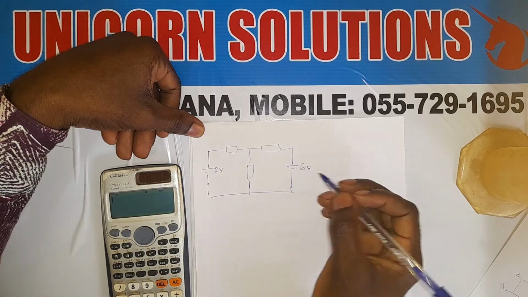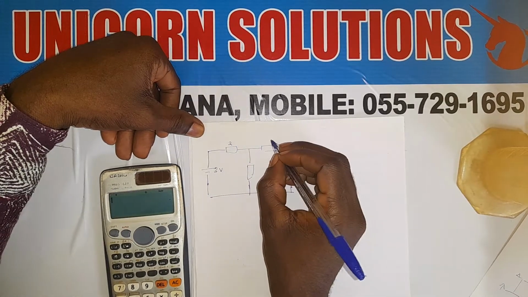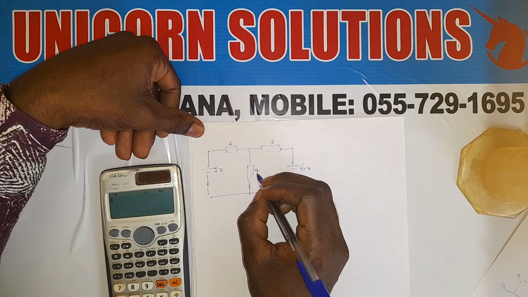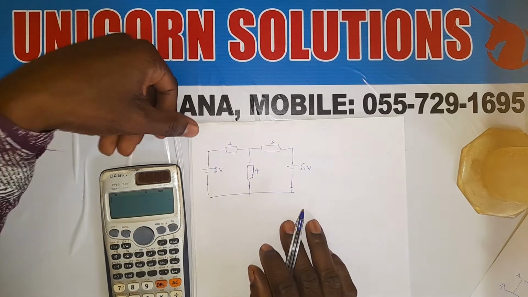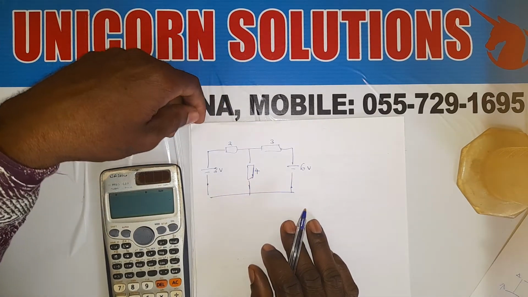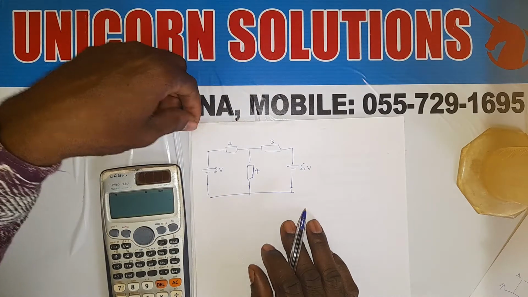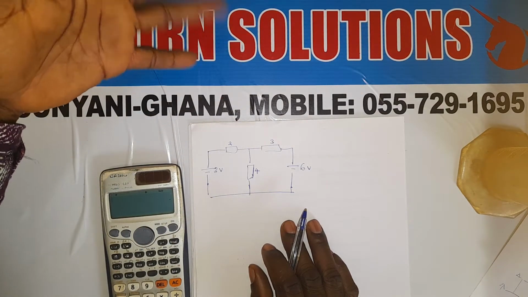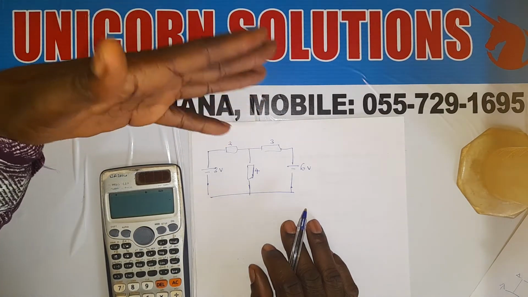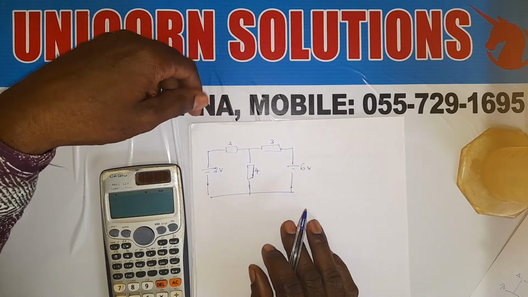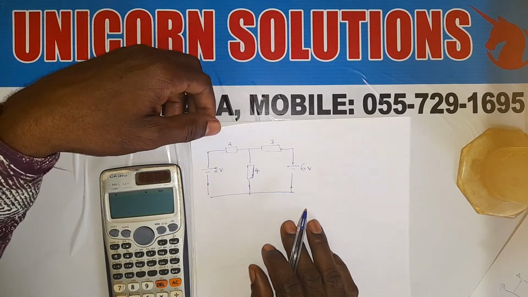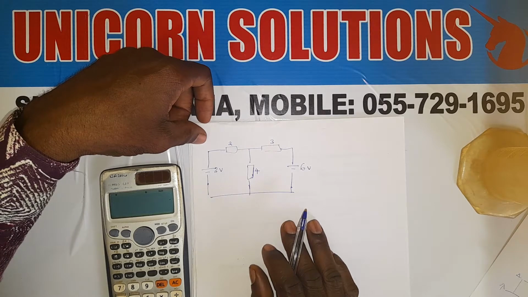I have 6 volts here. We have 2 ohms, 3 ohms, then maybe 4 ohms. This is very simple. You may have more complex circuits, but when you get the basis right, later you can apply whatever I'm teaching you here to those complex circuits.